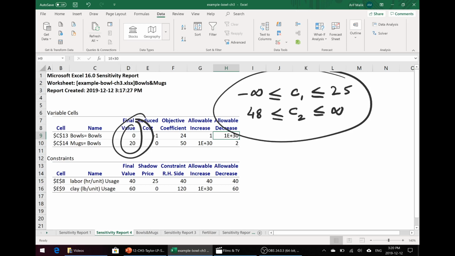We can also see that the shadow prices have been changed as well. The shadow price of labor is now $25 per hour, and the clay is now 0. Why is it 0?